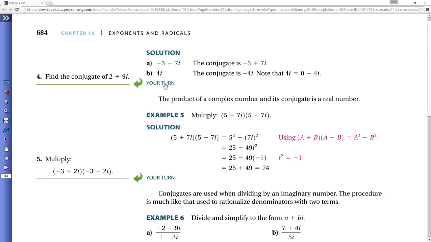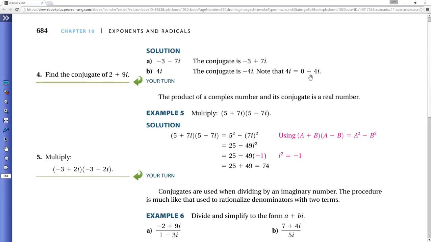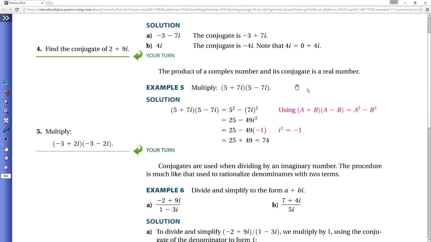If I have 4i now, what is the first part of that complex number? It's 0 plus 4i. So its conjugate would be 0 minus 4i. It still would be like difference of squares, except we don't have to deal with the 0.